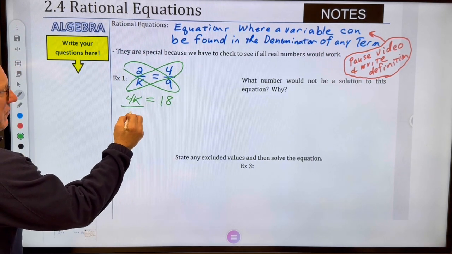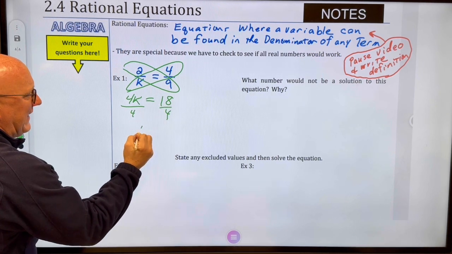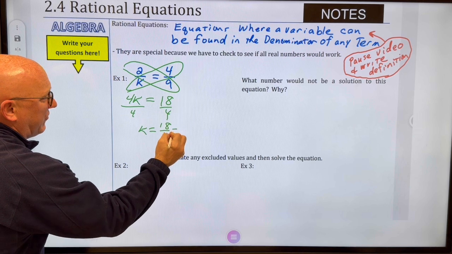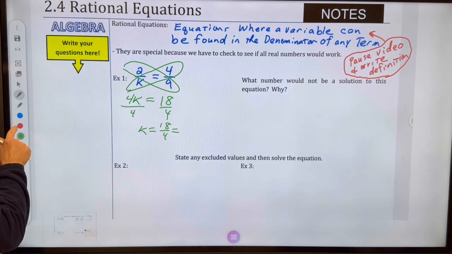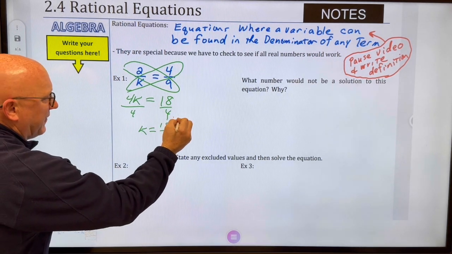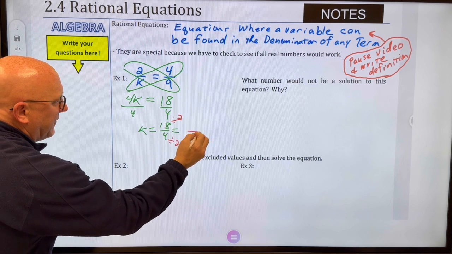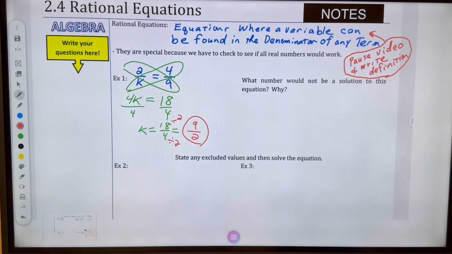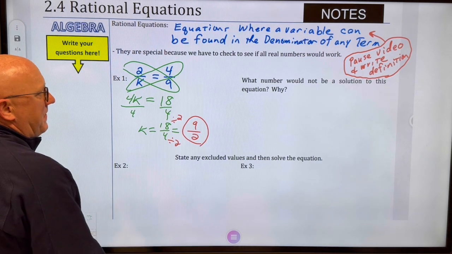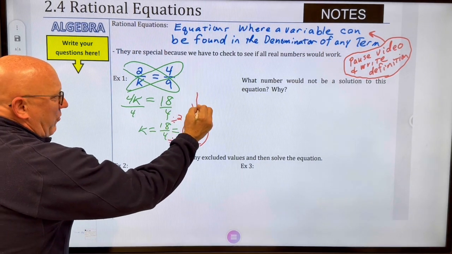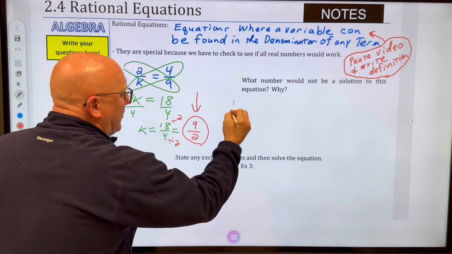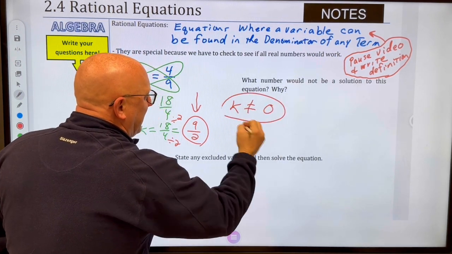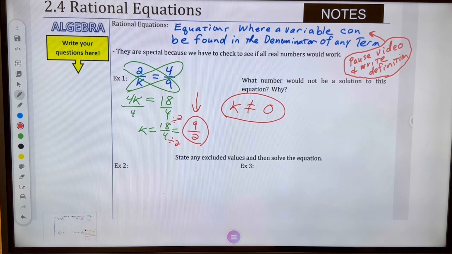And so our answer becomes, when we divide by 4, k is equal to the fraction 18 over 4, which reduces to 9 over 2. Not only is the answer important, but we also have to note what k cannot be. And in this case, k cannot equal 0.